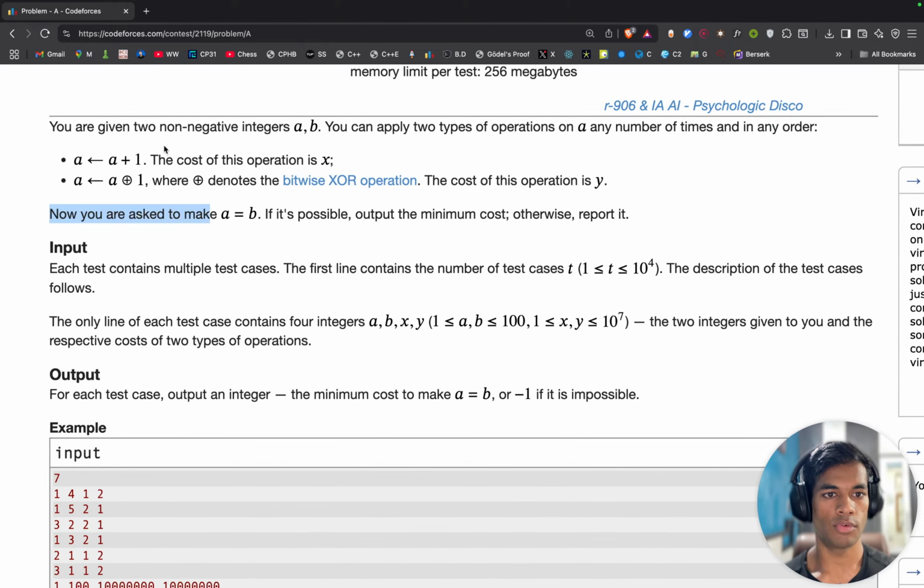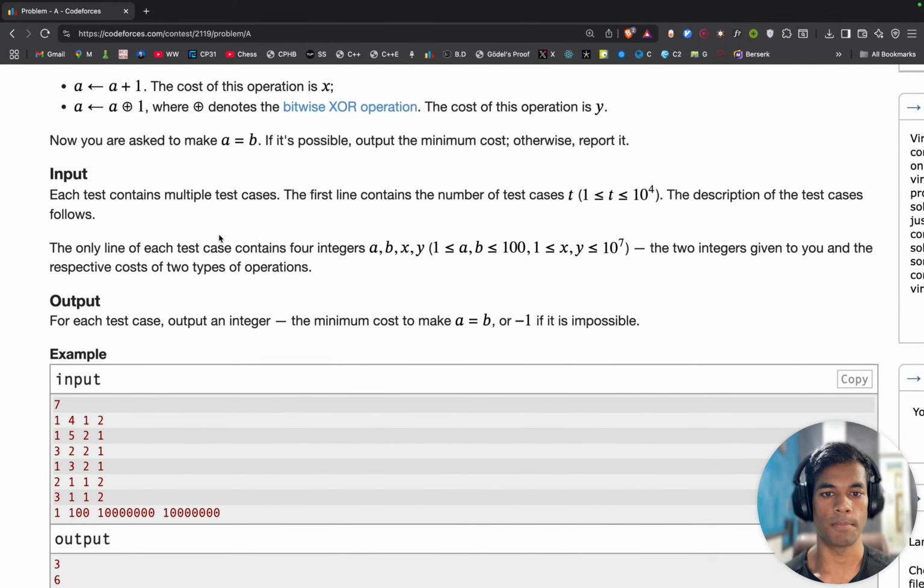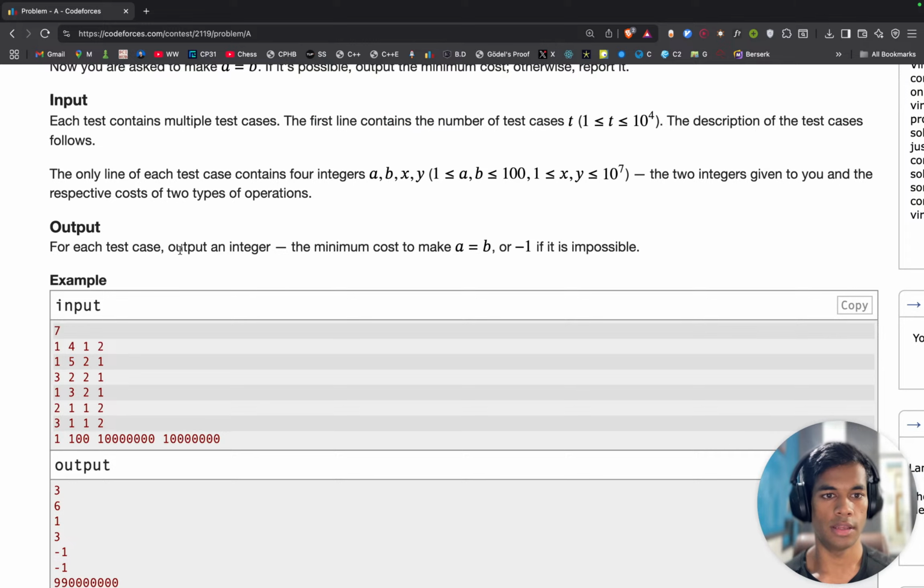I have to do these operations some number of times to make a equal to b. Adding 1 has a cost of x, and taking XOR with 1 has a cost of y, and in some cases it might not be possible to make a equal to b.